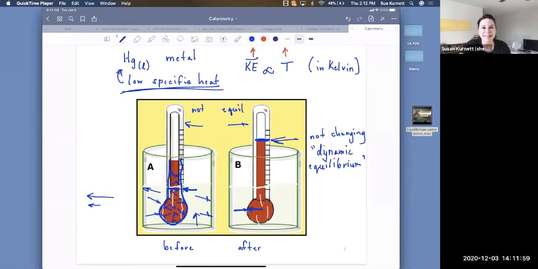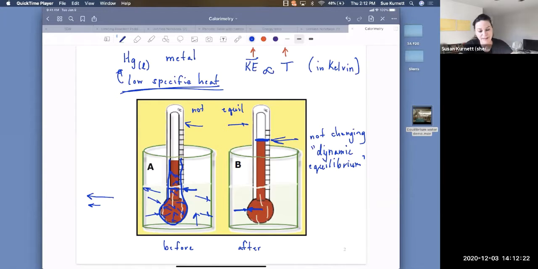So the important ideas here, if you can't appreciate the beauty of a mercury thermometer, that's okay, but it's pretty amazing. But the important thing here is when the thermometer stops changing temperature, it's because the kinetic energy inside is equal to the kinetic energy outside. There's no net flow of kinetic energy, just like that pickle jar.